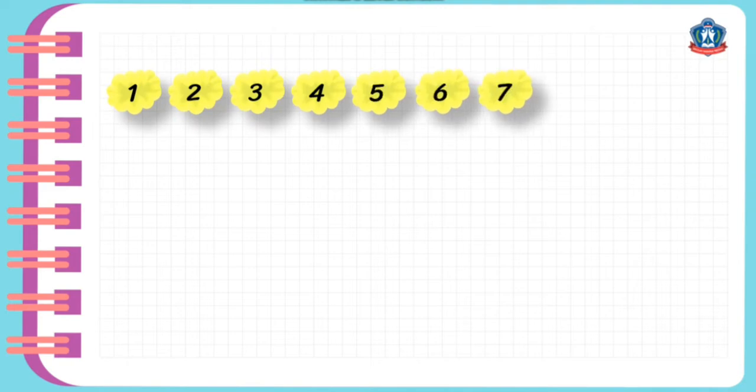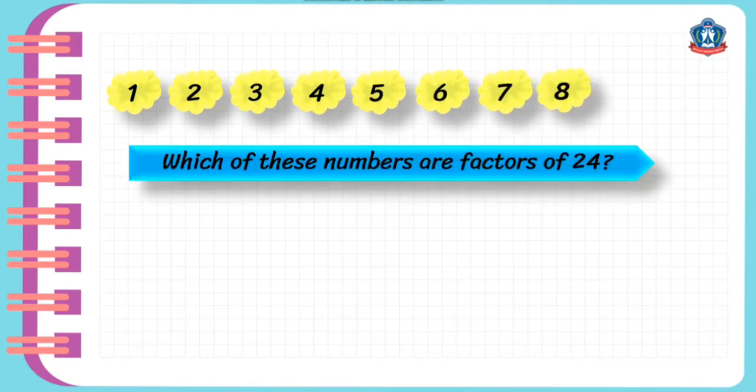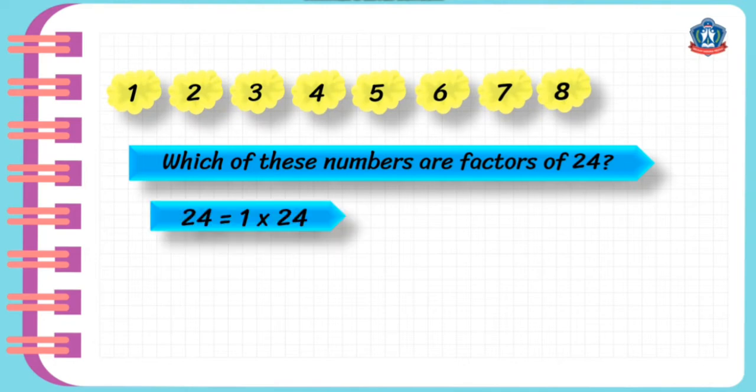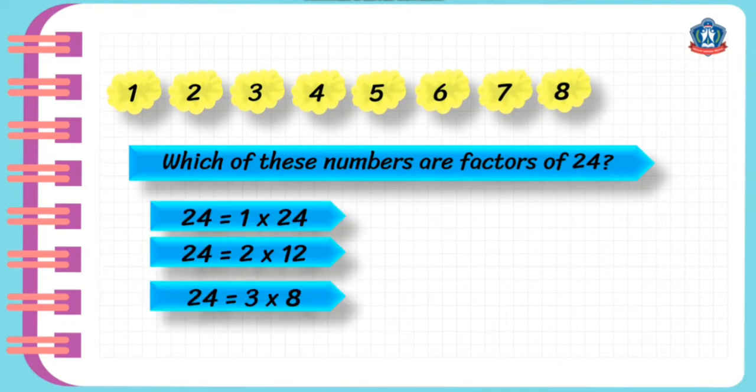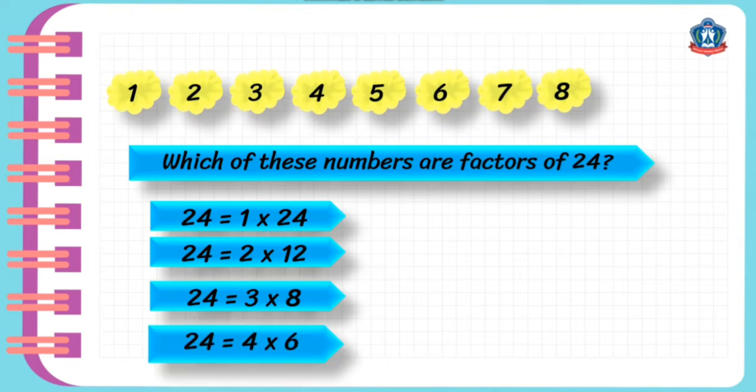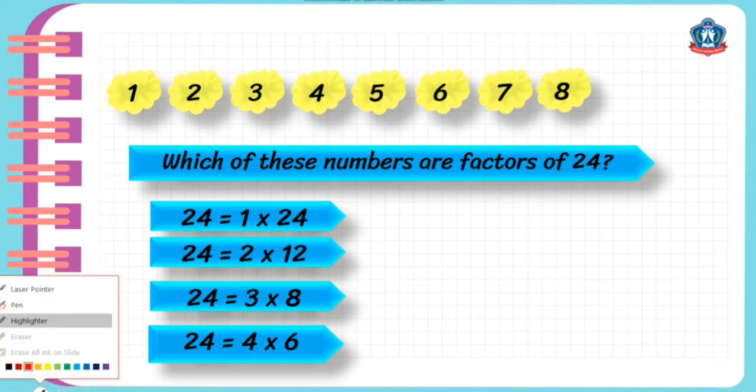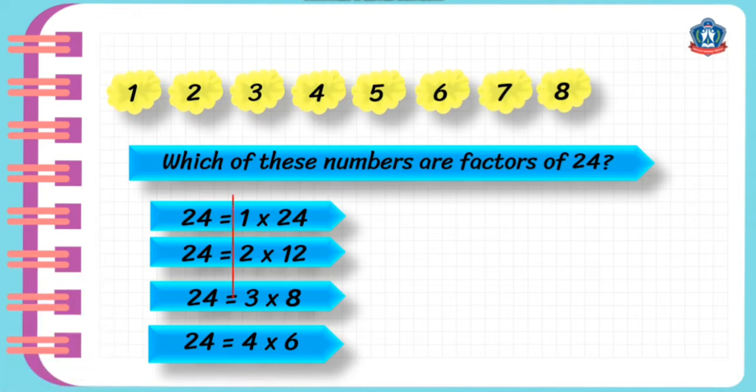I have here another example. We have 1, 2, 3, 4, 5, 6, 7, and 8. Let's find the factors of 24. We have 1 times 24, 2 times 12, 3 times 8, and 4 times 6. Looking at these factors of 24, what numbers can we find from the list?